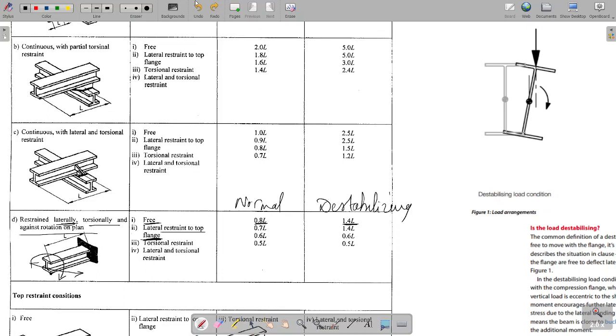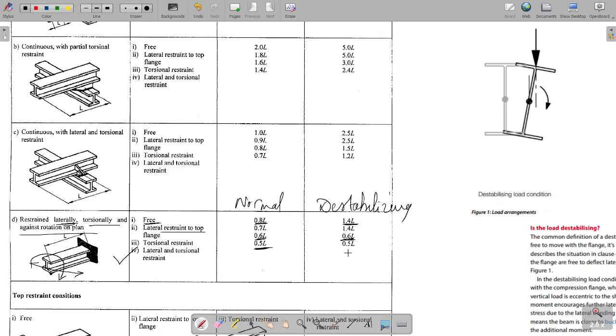And then torsional restraint at the top. With torsional restraint at the top, the beam will not buckle in torsion. In this case it will be 0.6L and 0.6L, the same. In lateral and torsional restraint, it will not sway from its position laterally, and the beam is torsionally restrained, which was in our question. Our question was dealing with this point number 4. So in this case, what will be the effective length under normal loading condition?